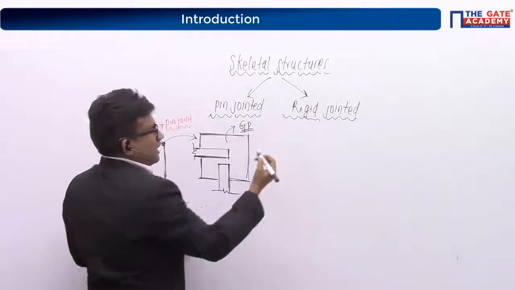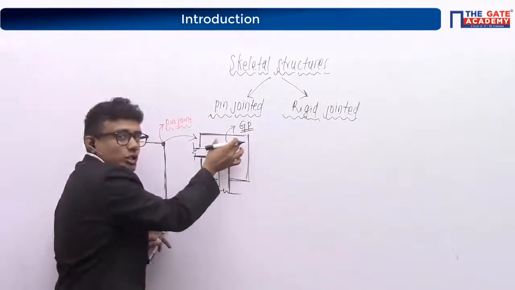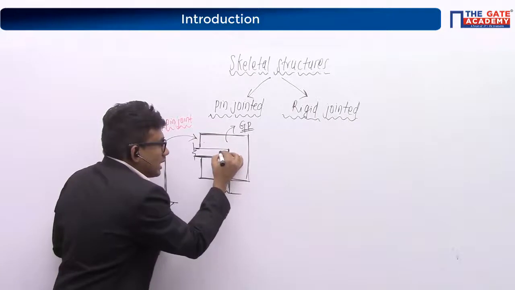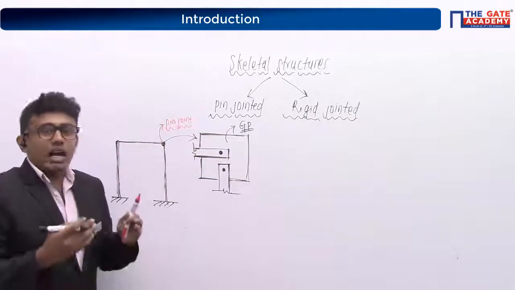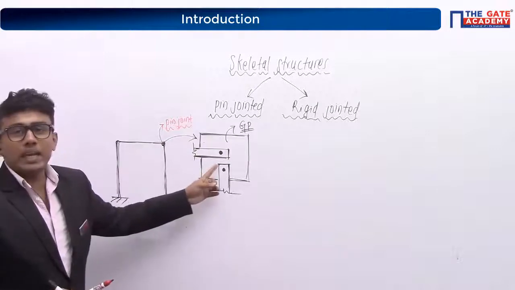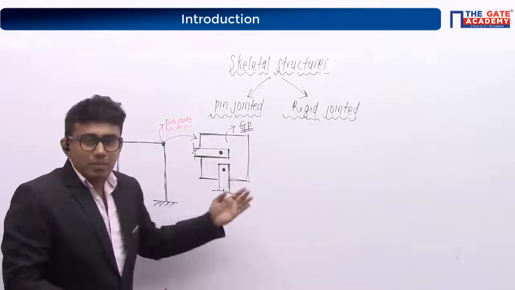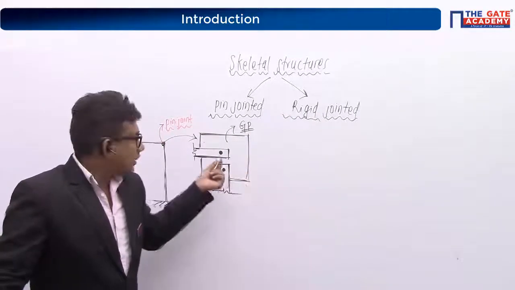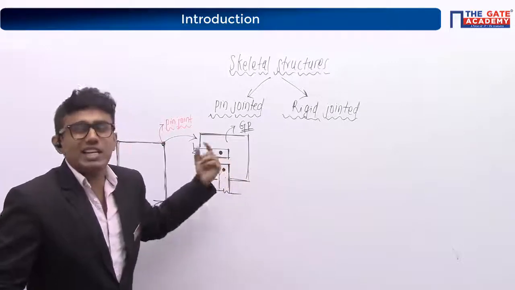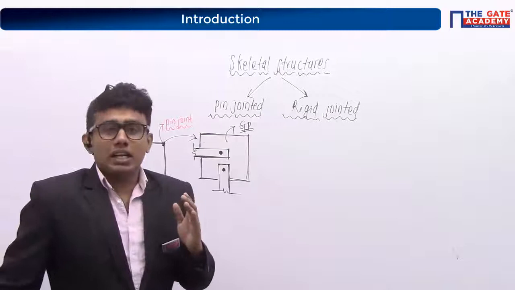I am taking it as GP, gusset plate. That means these members will be connected to this plate with a single pin or single rivet. Then I will call it a pin connection, or a pin joint. Where the members are connected to a gusset plate with a single pin or single bolt or single rivet, then I will call it a pin connection.